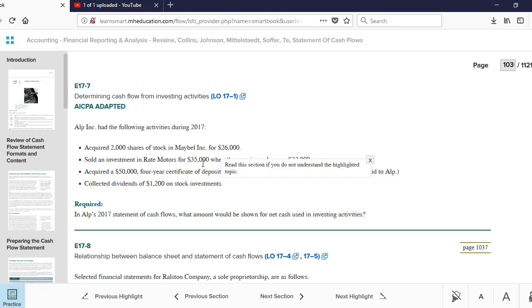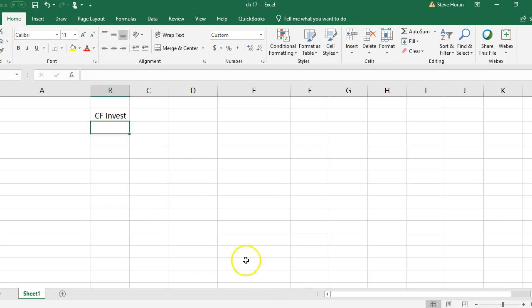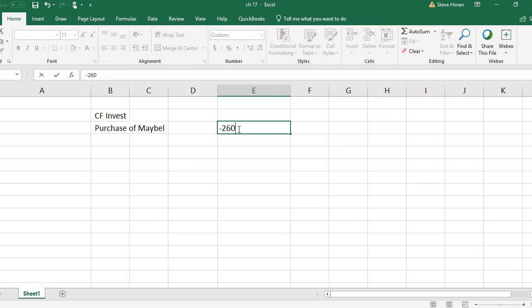It's all marketable securities, which is just fine. And looks like we bought 2,000 shares of an investment, Mabel Inc. for $26,000. So we can definitely classify that. Okay, so purchase of Mabel, and that was for 26. That's a purchase, so it's money out the door.